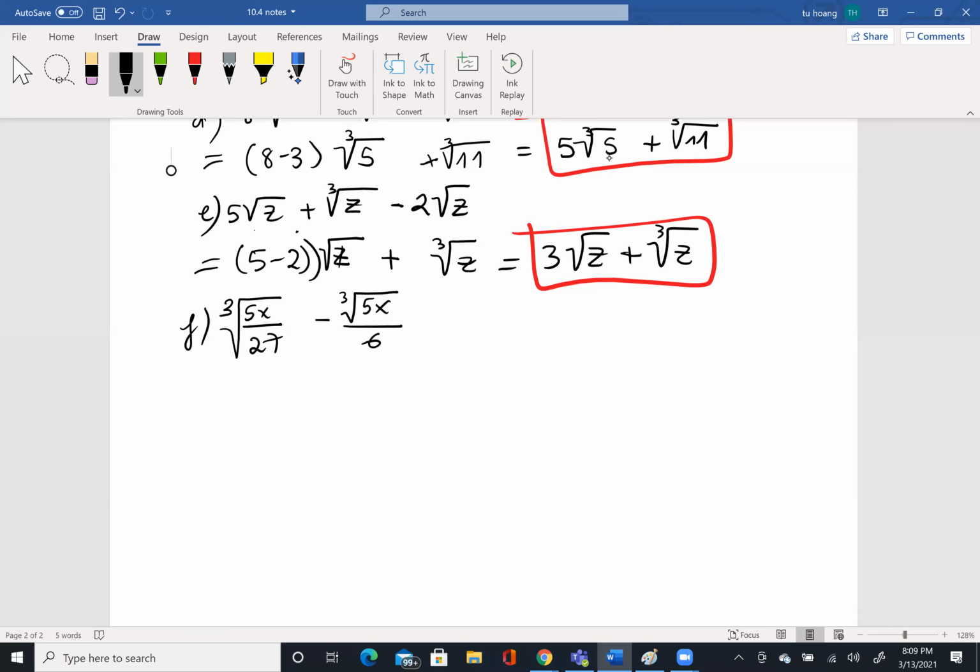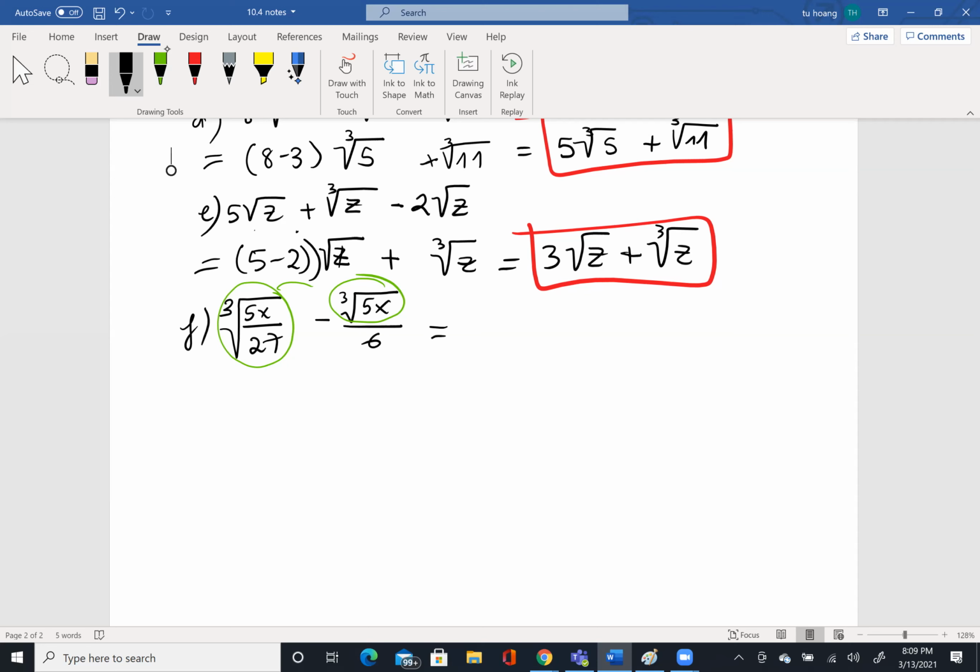You see that there's no radical right now, but if you take a look at the first and second one, there is 5x with a cube root, but you must rewrite the first term over here to become like cube root of 5x over here. So how can you write it?